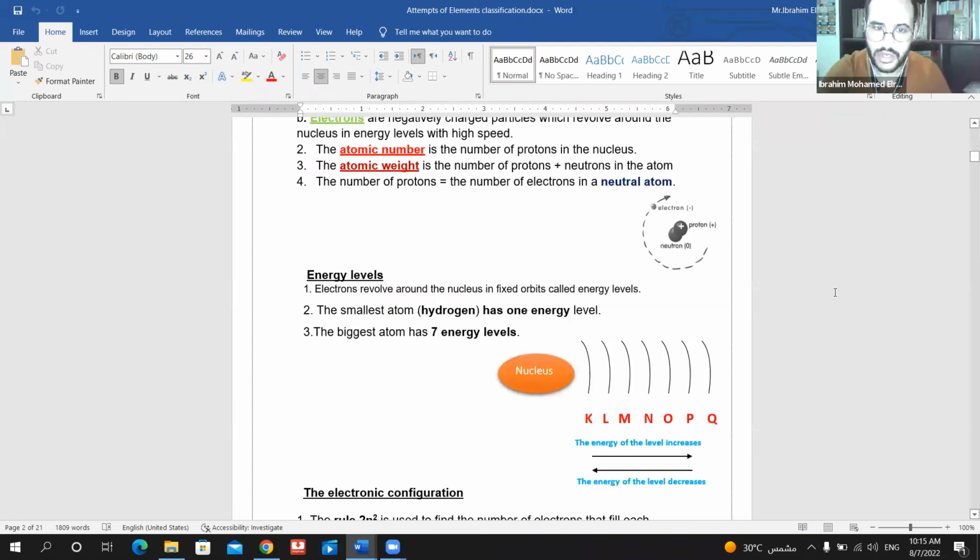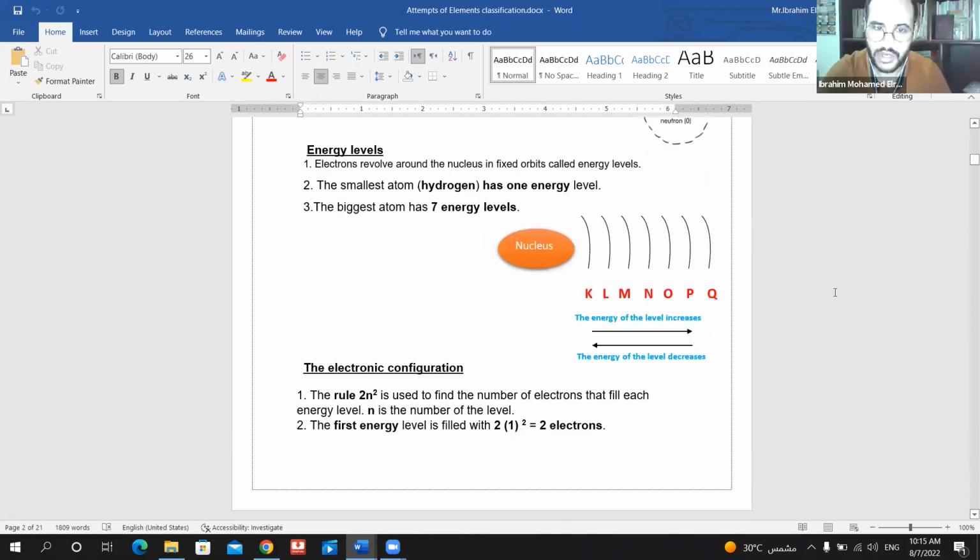Okay, and we talked about the energy levels, and we said that each atom has energy levels. Maybe it has one, maybe two, maybe three, and the largest, the biggest, the heaviest one has 7 energy levels. And we said how to do the electronic configuration.